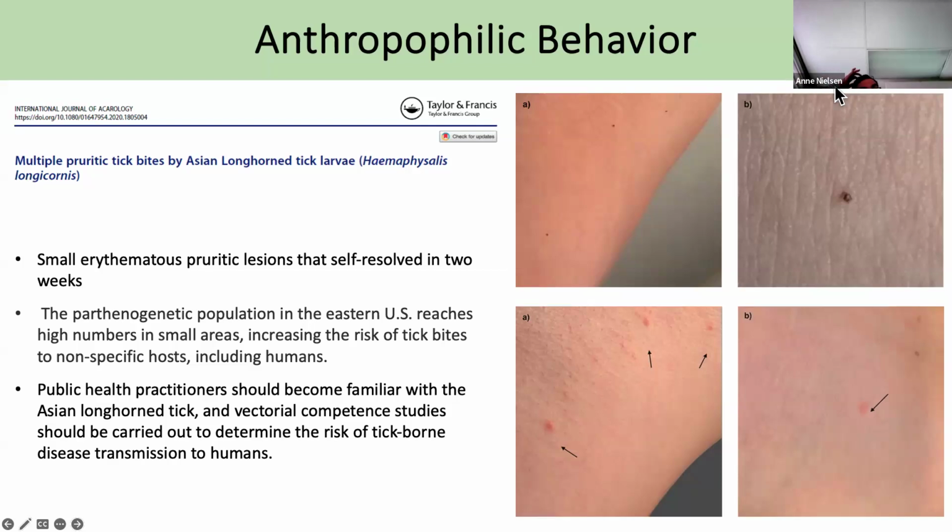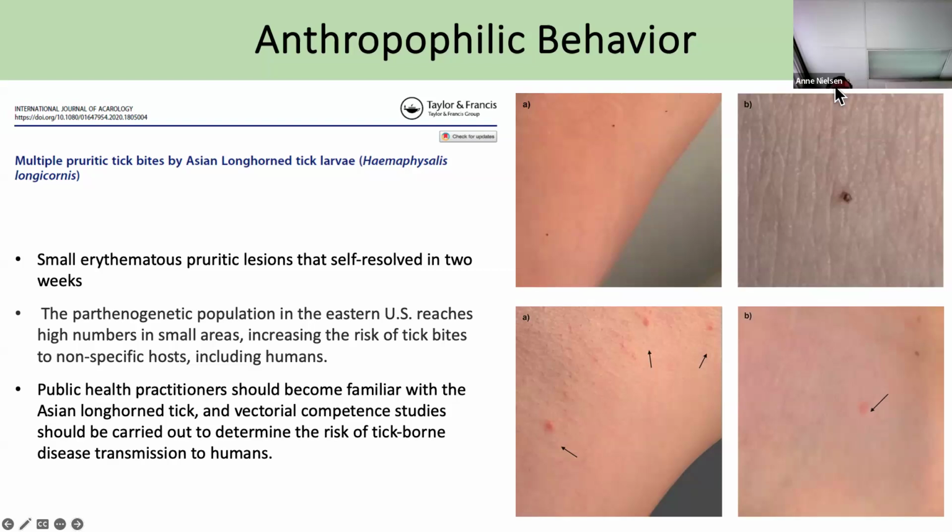It's like playing the roulette. You have a small chance to get the number, but if you play enough times, you're going to hit the number. So that's what happens when you enter an area in which the density is very high: your probability of getting bitten increases, even if the species is not particularly anthropophilic.